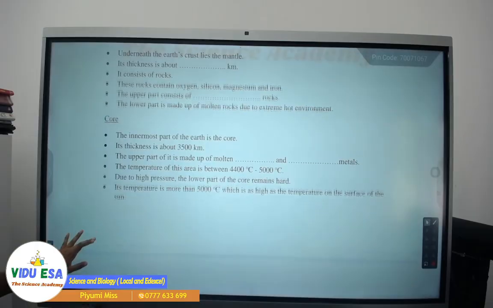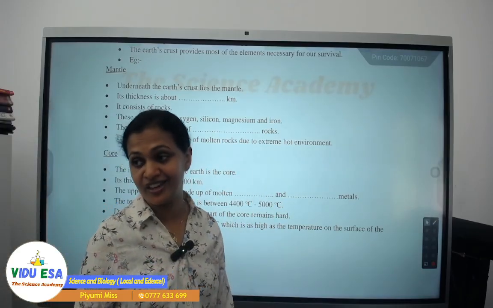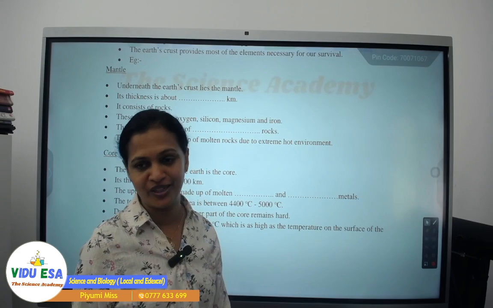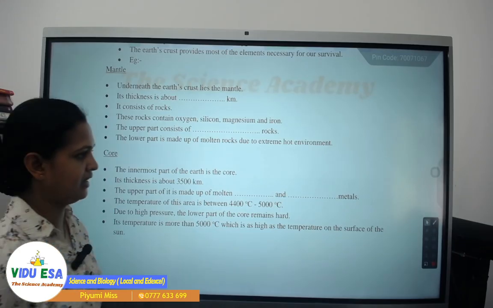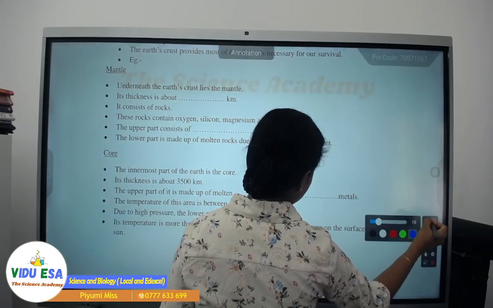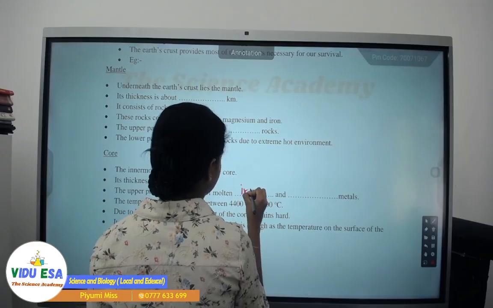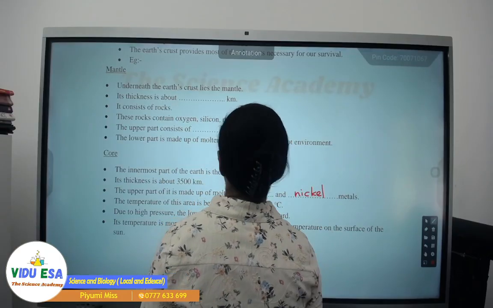Right? Then the innermost part is the core. So its thickness is further higher, 3,500 kilometers, right? The upper part of the Earth's core is made up of iron and nickel, right? Iron and nickel, both are metals, right?